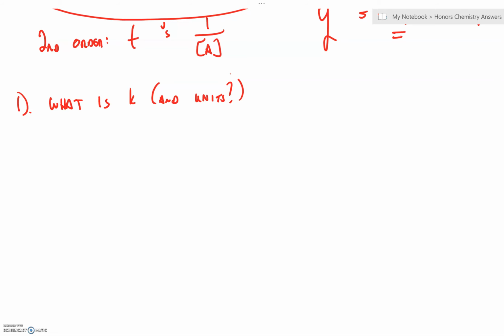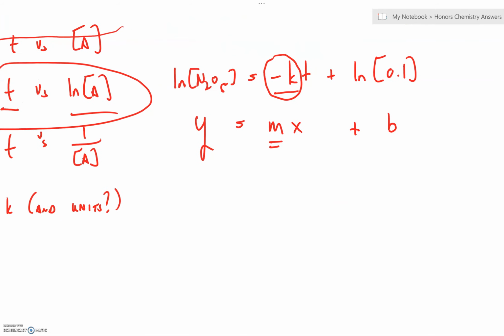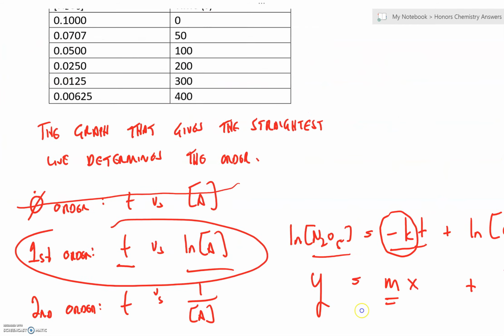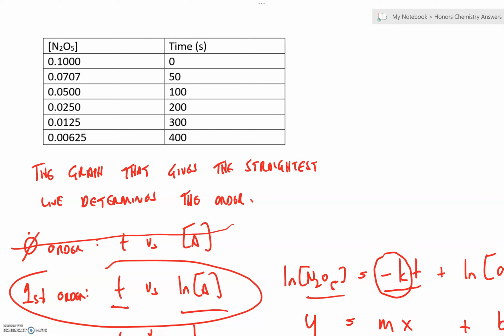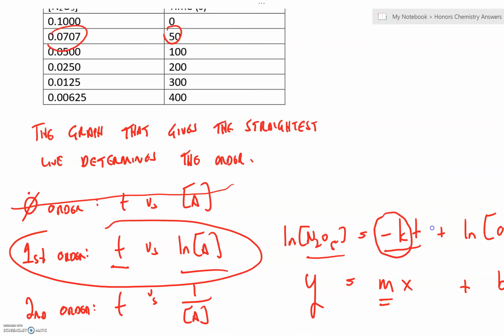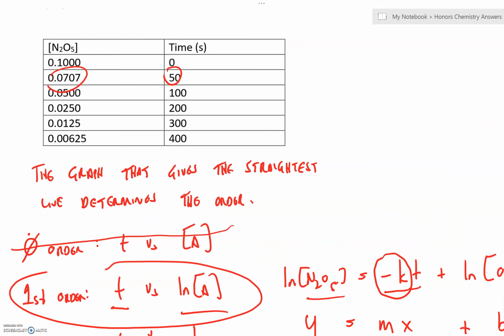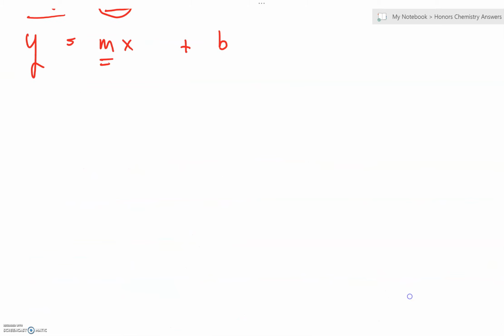One, let's take our equation and we'll pick a time and a concentration at that time, and we'll solve for K. So let's just use this next one. At time 50, the concentration is 0.0707.